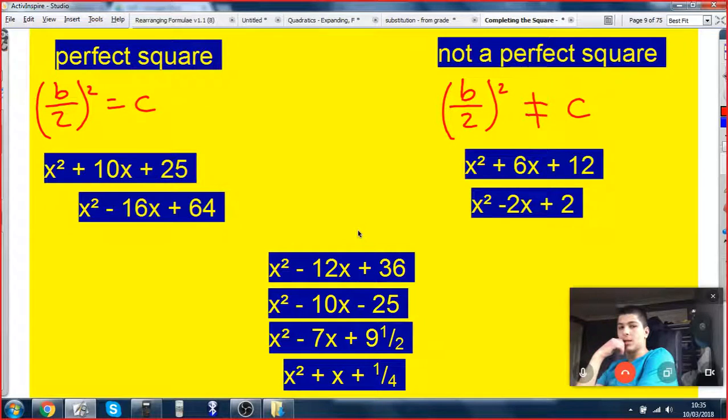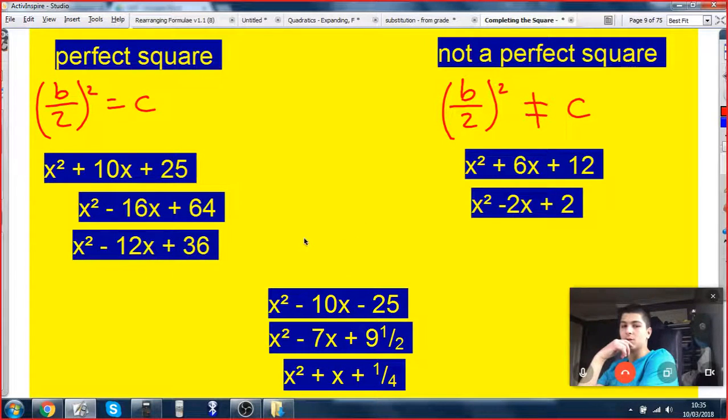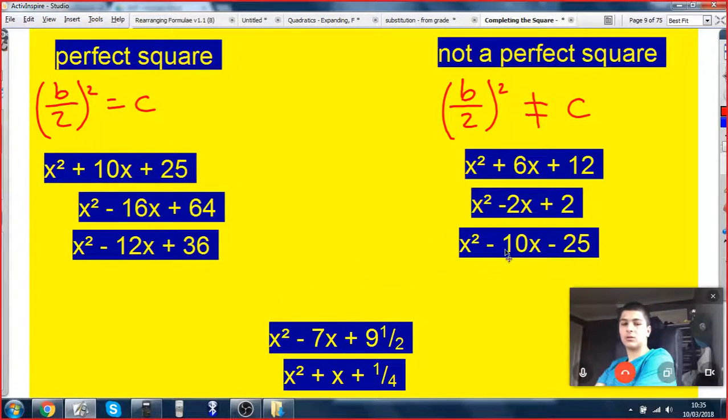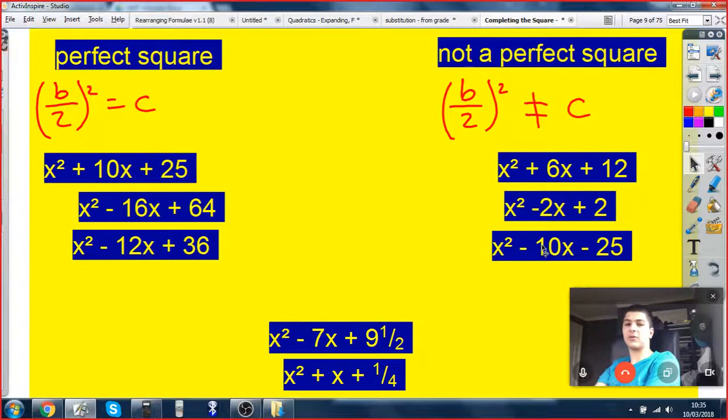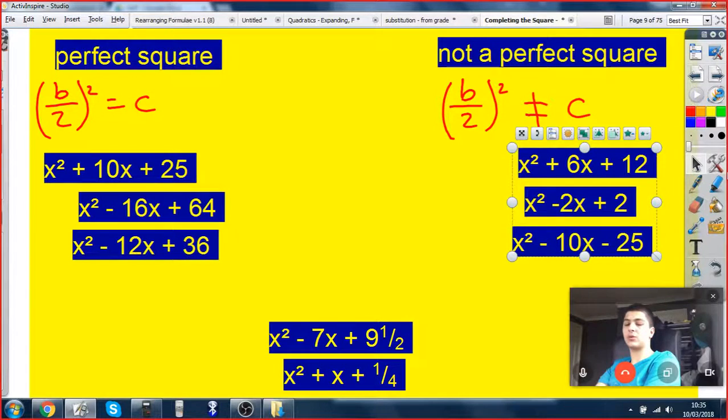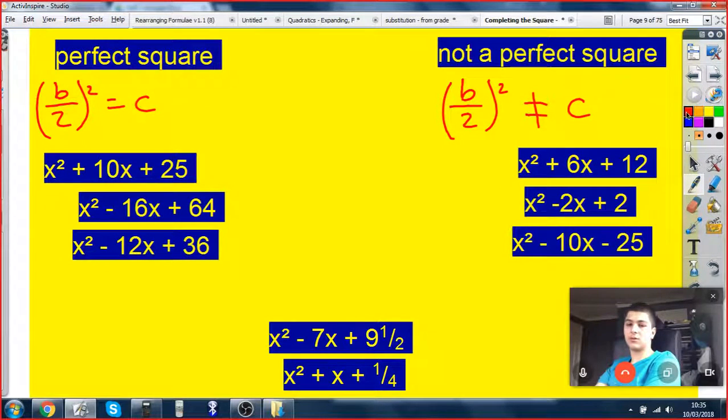Yeah. Left. Yep. Right. Correct. Why is that one right? Because if you put minus 5 and minus 5, that would give you 25, not minus 25. That's it. Okay, I'll leave those bottom two.